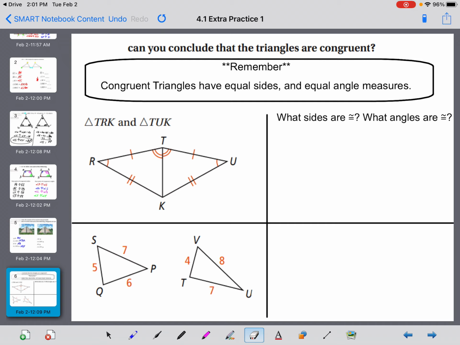Can you conclude that the triangles are congruent? Remember, congruent triangles have equal sides and equal angle measures, okay? So triangle TRK and triangle TUK. Well, let's see what they have here for us. They have, in terms of sides, RT is congruent to UT.